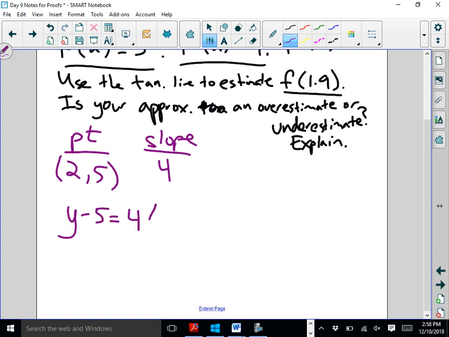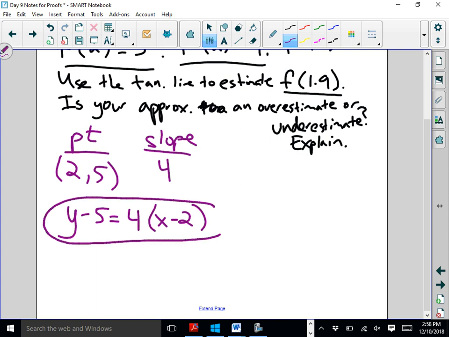So there is my tangent line equation. And I'm going to use that tangent line equation evaluated at x equals 1.9 to get my best guess of what f of 1.9 is. So I'm going to go ahead and plug that in. I'm going to get y minus 5 equals 4 times 1.9 minus 2.